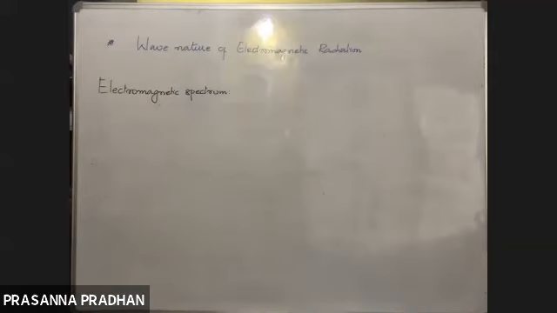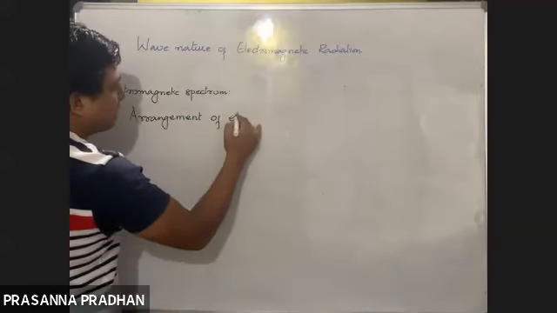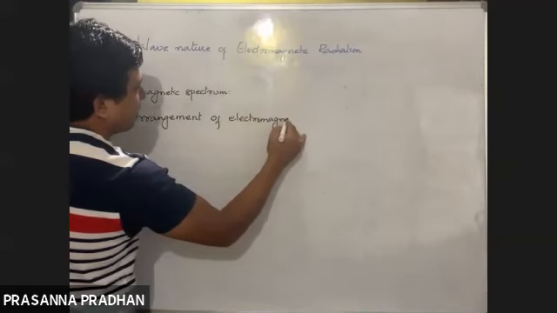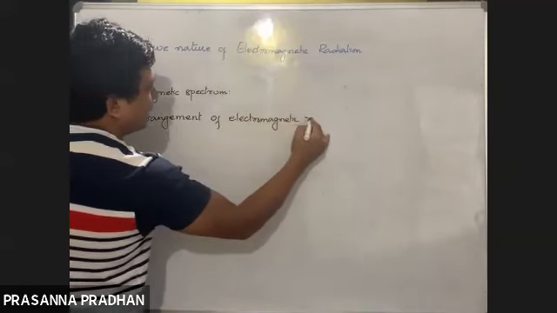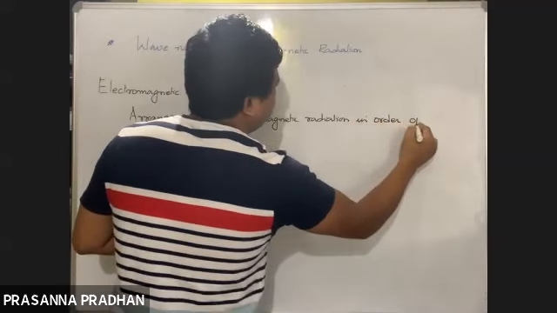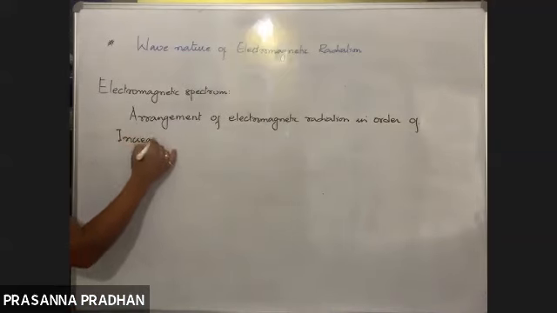The electromagnetic spectrum means the arrangement of all the electromagnetic radiations in order of increasing wavelength. And how are wavelength and frequency related?